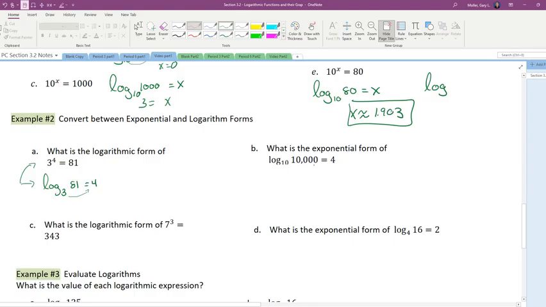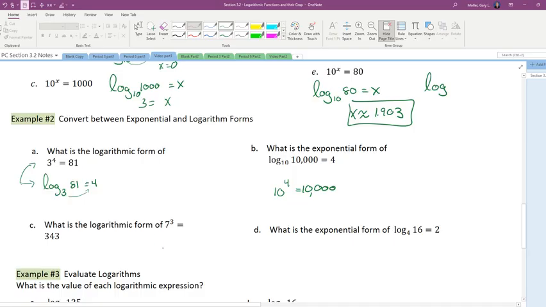Got it. Part B would simply be 10 to the 4th equals 10,000, which is true. 10 to the 4th is 10,000. This one, 7 to the 3rd is 343.